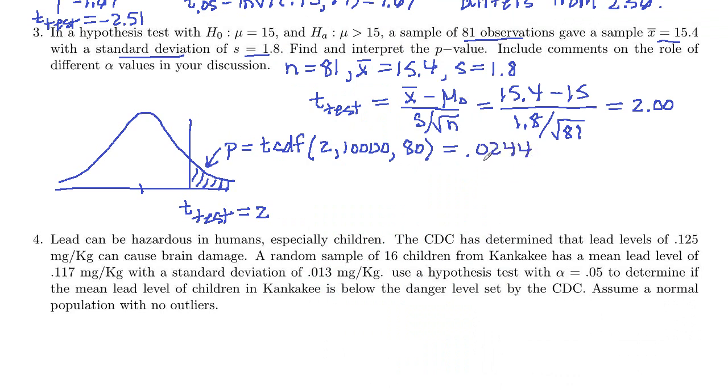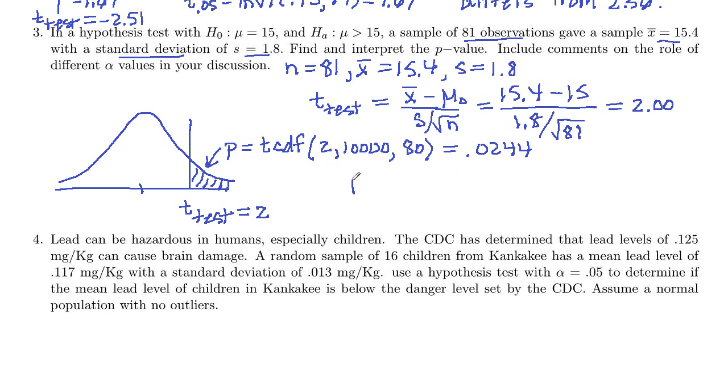And what this is, is the measurement of how extreme our test statistic is here. So how extreme is our sample data? And what we notice is that this is less than 0.05. Remember that the p-value can also be interpreted as the smallest alpha to reject the null hypothesis.